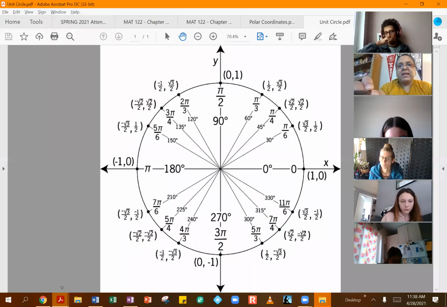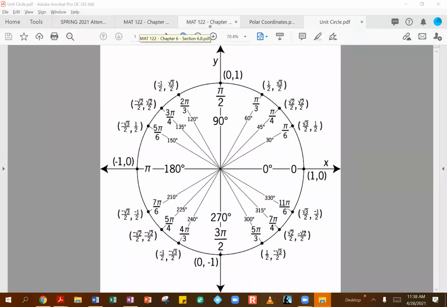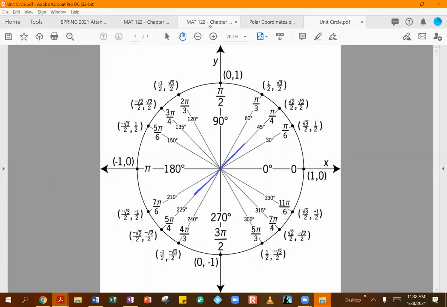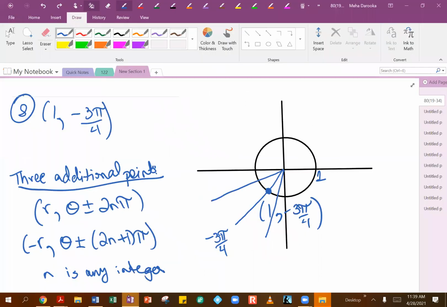Because if you are taking the original angle of negative 3 pi over 4 and you're adding pi to it, that basically means you are moving your graph by 180 degrees. So of course, if you're moving it by 180 degrees, you're going to be on the other side. So that will definitely give you pi over 4. So that looks good. And this is where you used -r as your representation.